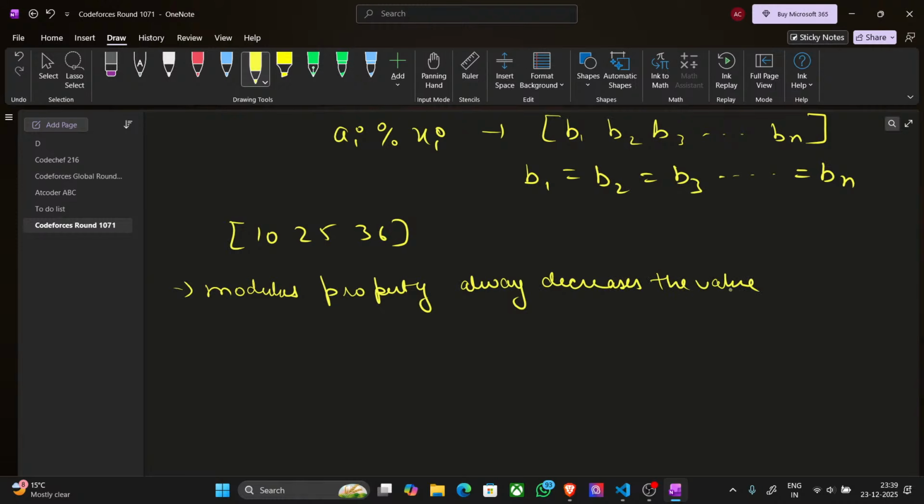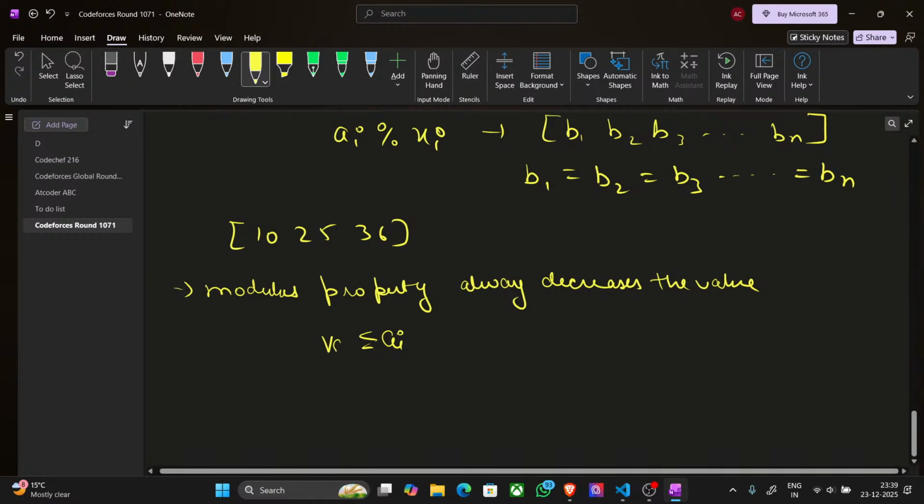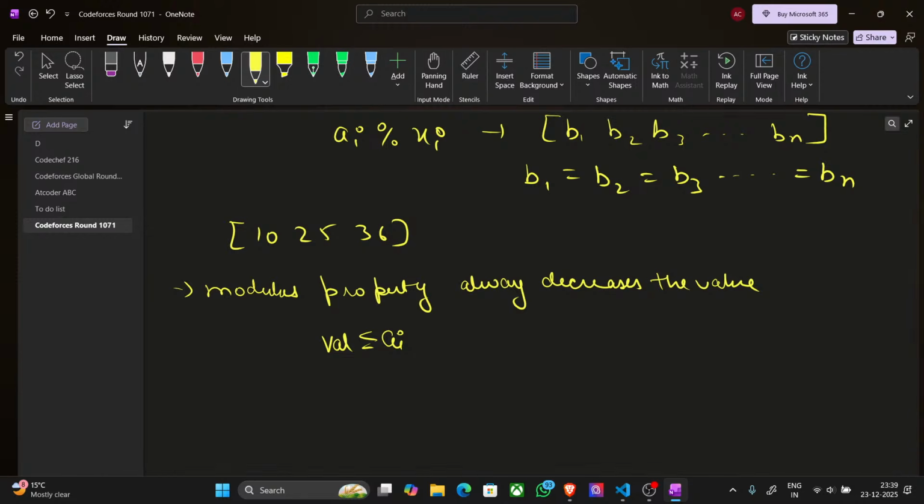There is no way you do a modulus to an element and the value of that element increases. It either remains the same or it decreases. So the new value, after doing a modulus, will be less than or equal to ai, right?